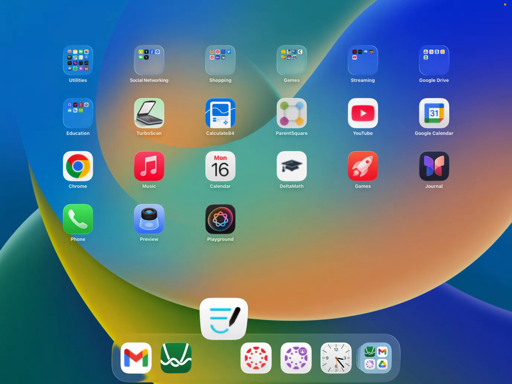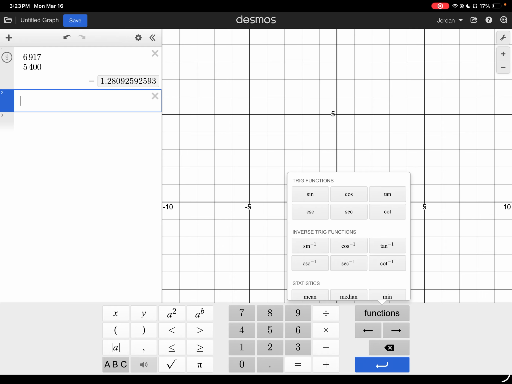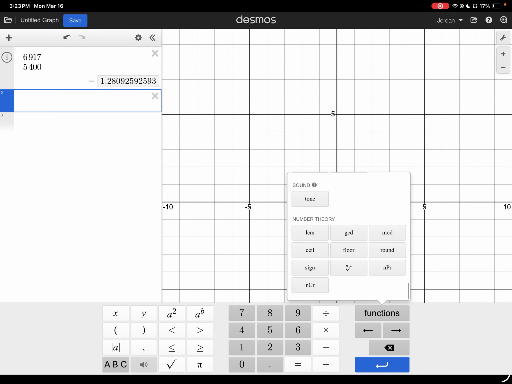On the other side, to get that 7th root on Desmos, I'm going to click the little functions button right here and then scroll all the way down to where I see number theory. Now, depending on if you're on your computer or a tablet or a certain type of app, it might appear in a different spot, but it'll always be under that functions and always be under number theory.